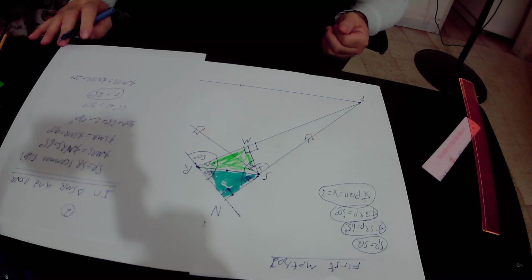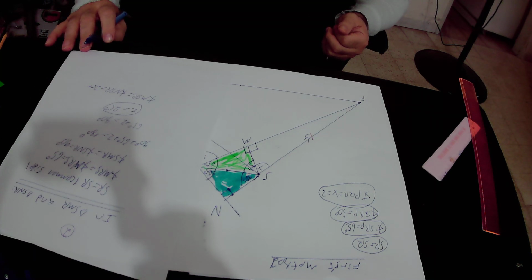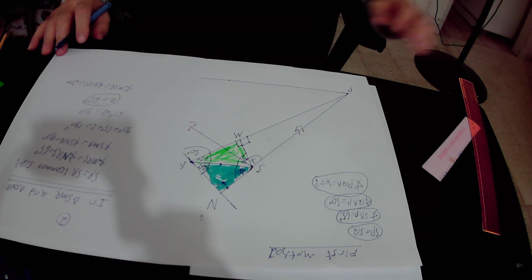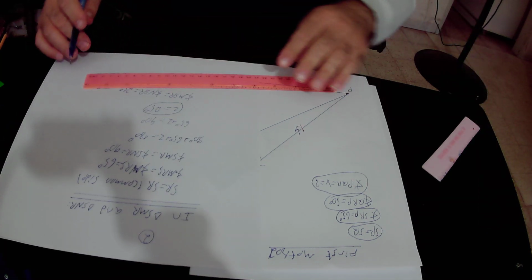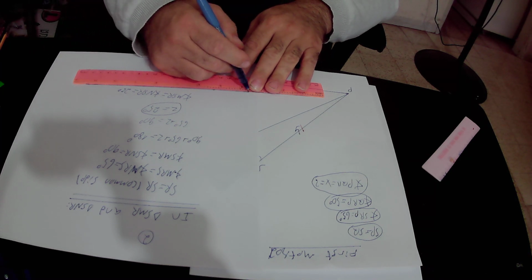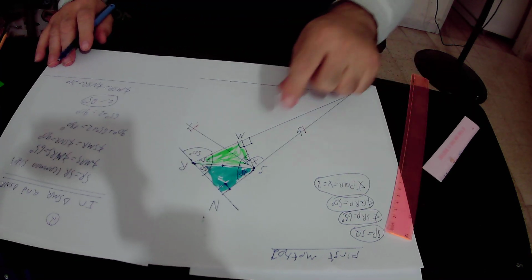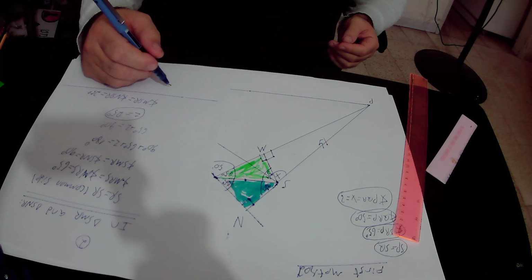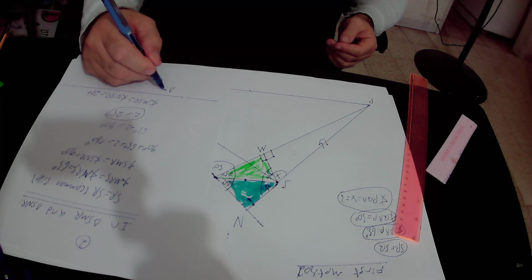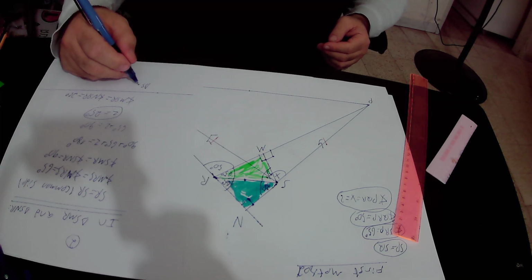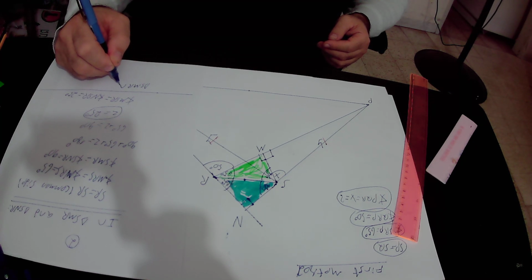Okay, so actually we proved that the green triangle can go into the blue triangle. Triangle SMR, the green triangle, is congruent.